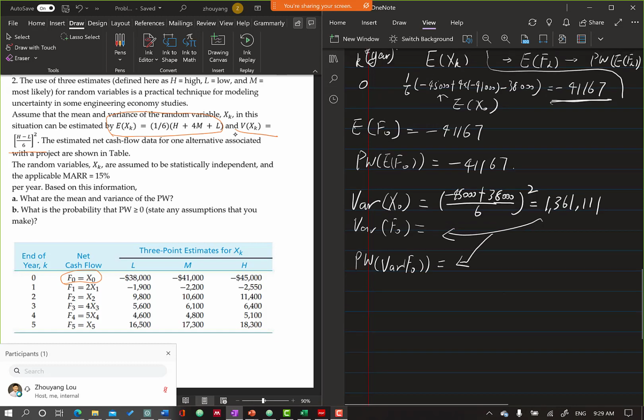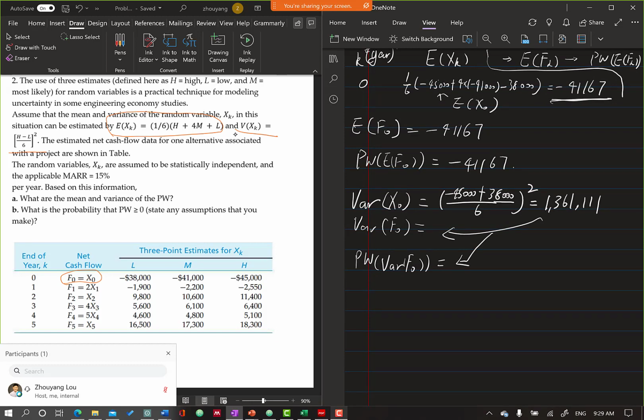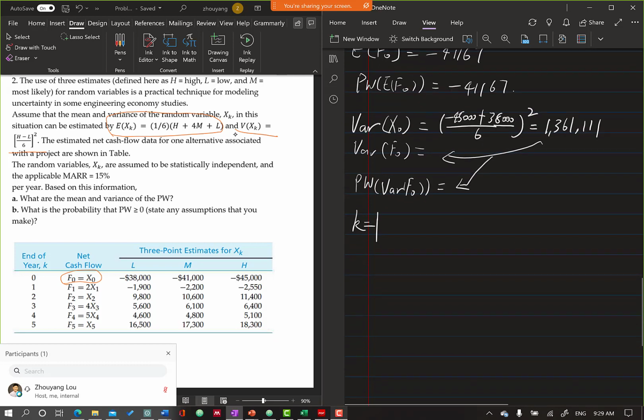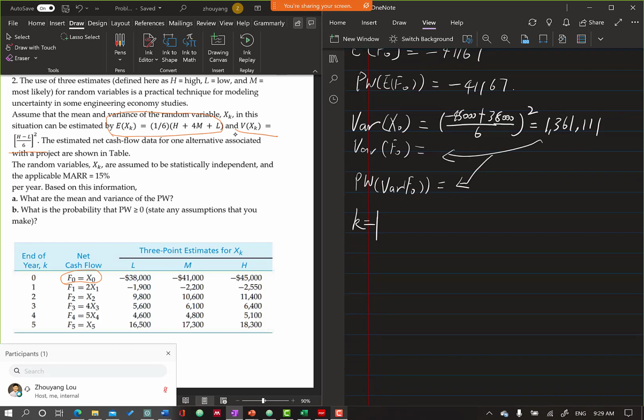So that's straightforward. Now let's look at a more exciting form, that's in year 1. So k equals 1. We have all the other things the same.